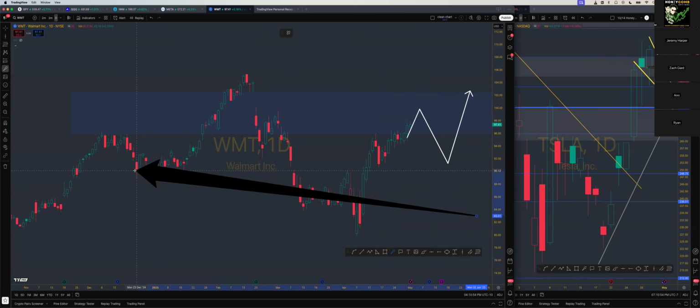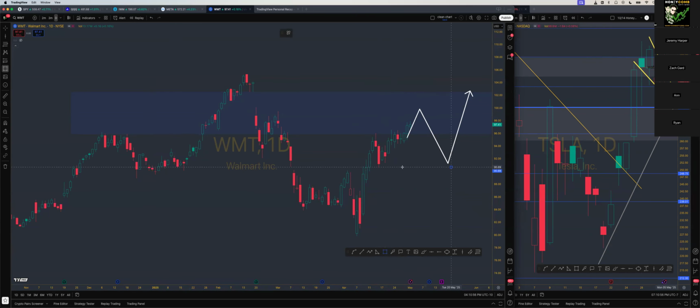That's like another spot. And I'm looking left to right at how we were just in this. Last time we were here on the upside was January 16th, and we went from 90 to 104.